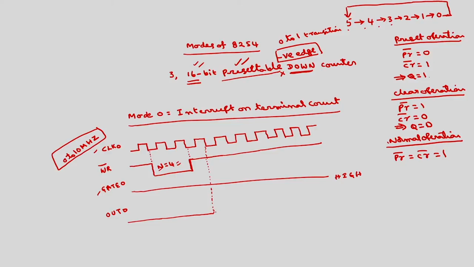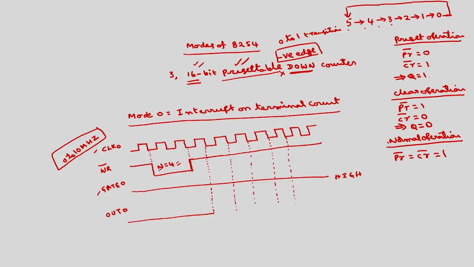So n equal to 4 becomes 3 over this clock signal, then 2, then 1, and then 0 to 3 will be modulus 4.